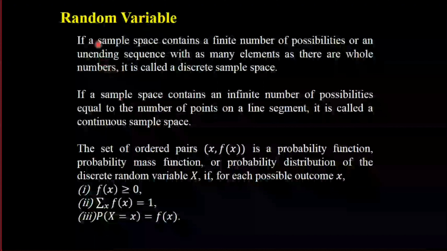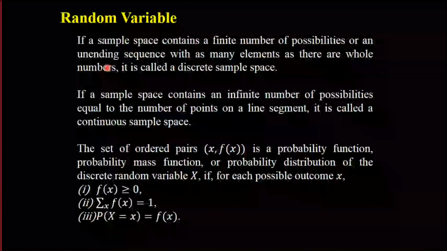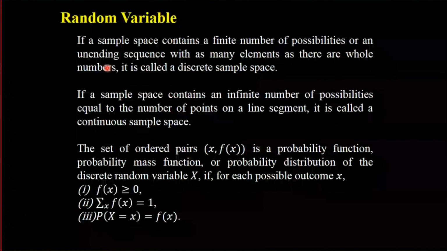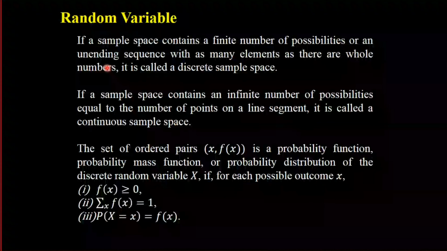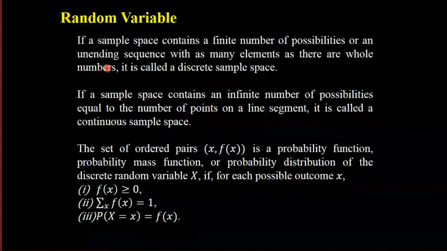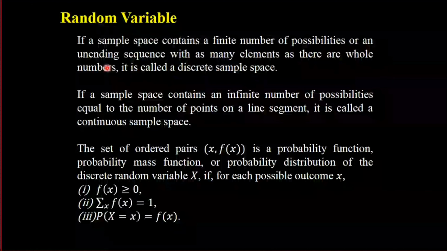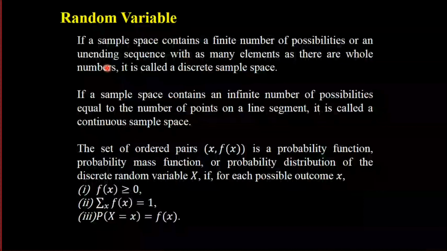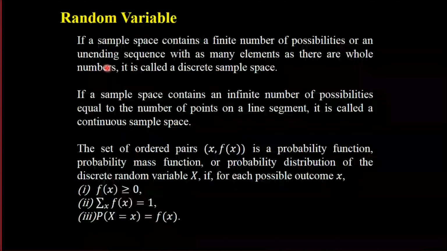Now, if a sample space contains a finite number of possibilities, so till now what we have seen, tossing 2 coins or Smith, Jones, Brown, those things we have seen, the ordering problem. There also we have seen a finite number of cases, we can count them easily. 1, 2, 3, we can count the possibilities.